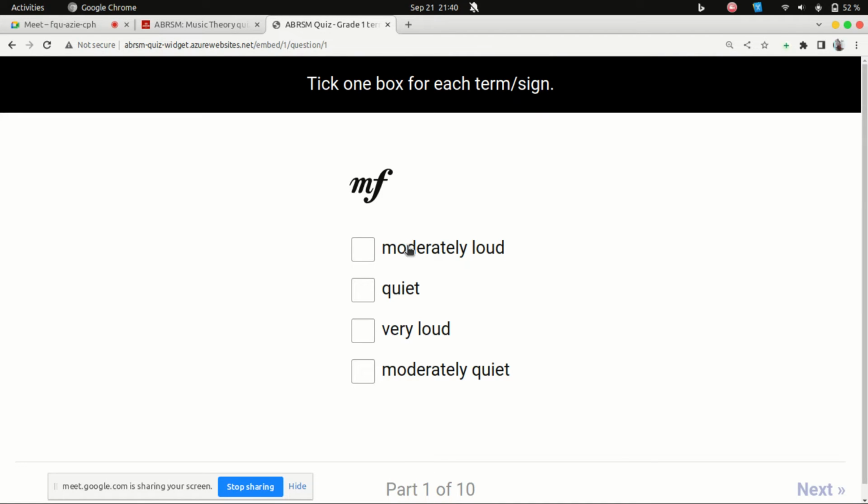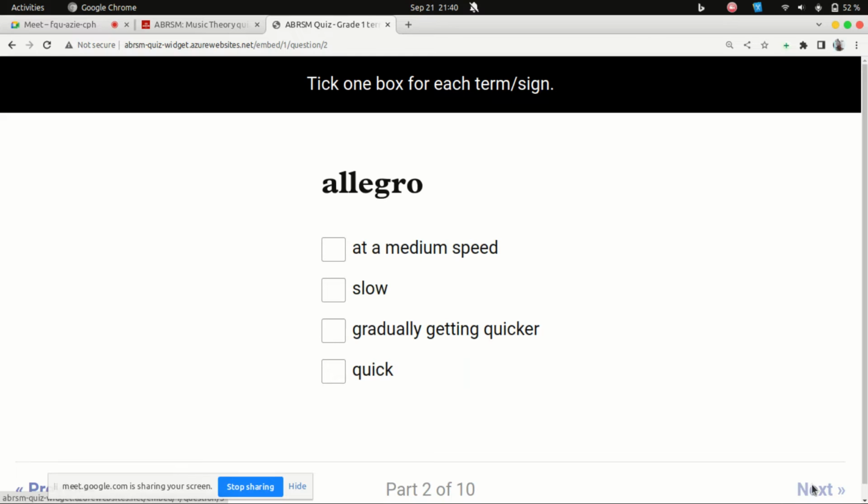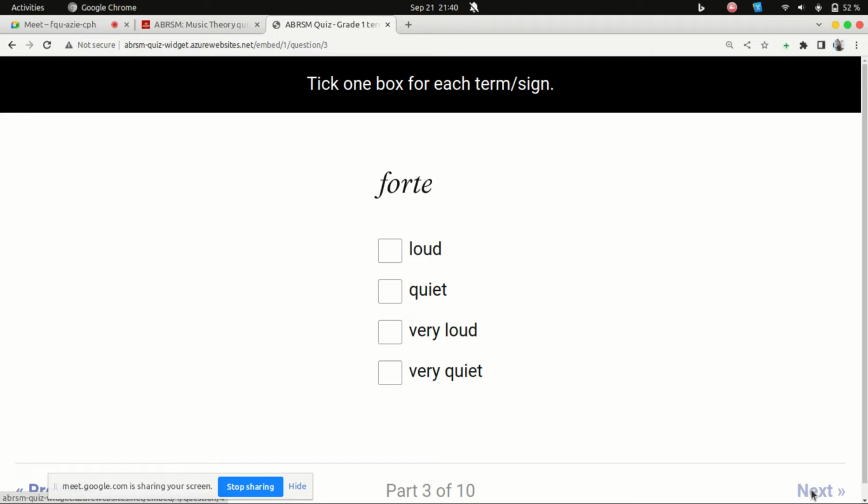Moderato. Allegro. Allegro means quick. Forte. Forte means loud.